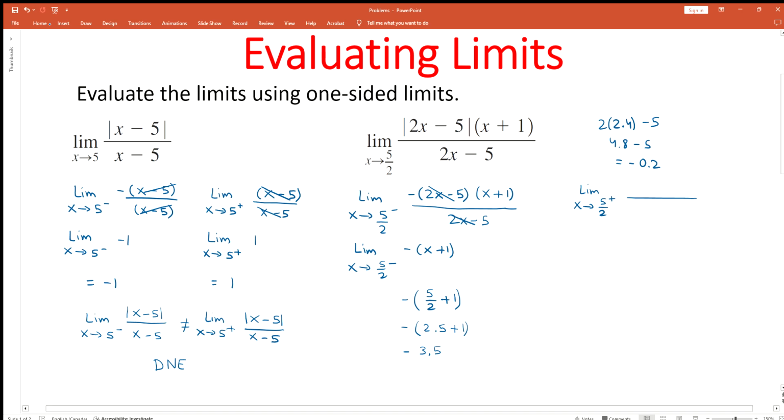If we sub in an x value greater than 2.5 in the expression 2x minus 5, for example 2.6, I get positive 0.2. So we can change absolute value of 2x minus 5 to just 2x minus 5 in parentheses. The rest of the expression stays the same.